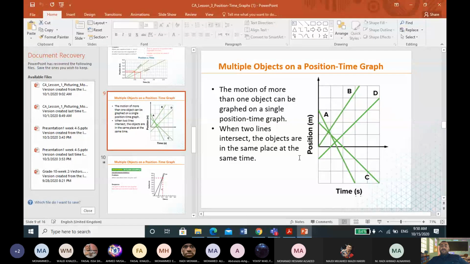Guys, in a position time graph, you must know that I can plot more than one moving object on this position time graph. So when I say position time graph, always the position is located on the y-axis and the time is located on the x-axis. But sometimes, guys, you can see that I can change the orientation of my axis.